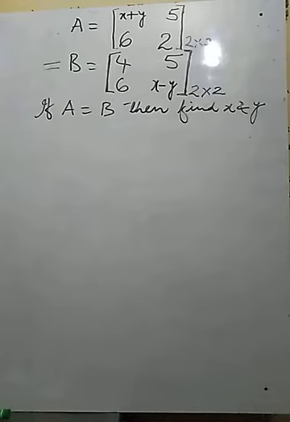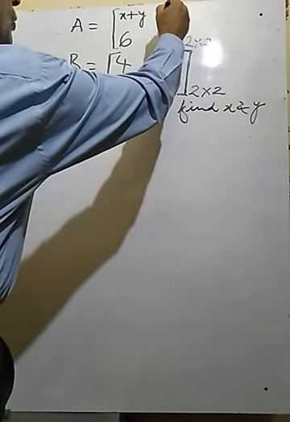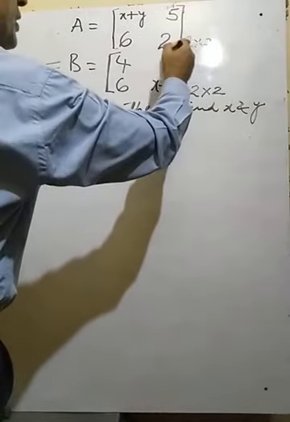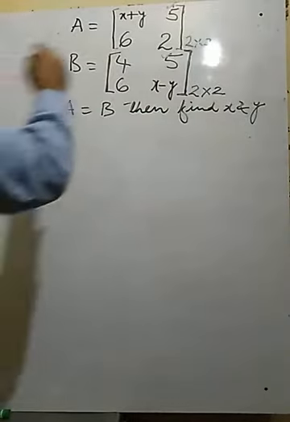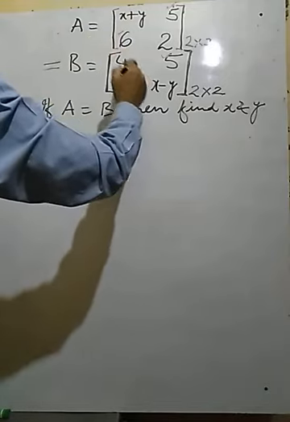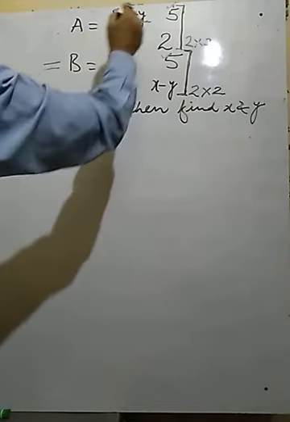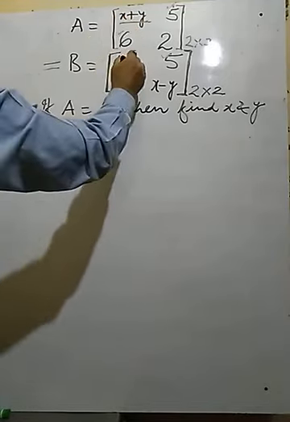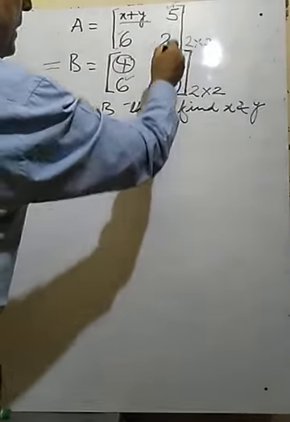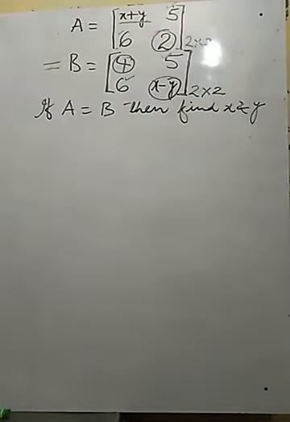See, this 5 equals this 5, this 6 equals this 6, which means x plus y will be equal to 4, and x minus y will be equal to 2. So from here we observe two equations.